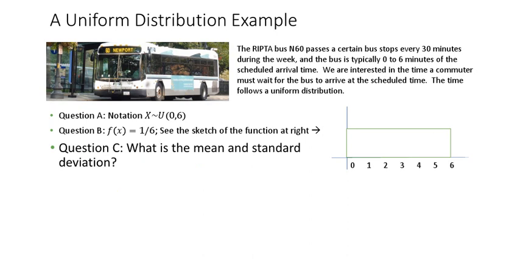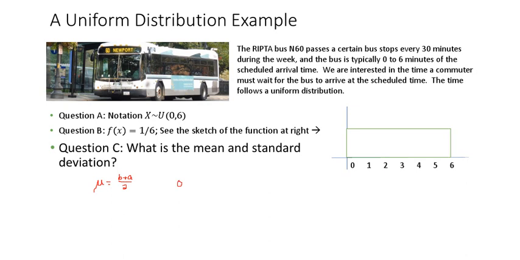Well, here's the next question then. If we have that, what would be our mean and standard deviation? Well, the mean and standard deviation are found using two formulas. Remember that the mean, mu, is equal to b plus a divided by 2. So we take the sum of the two endpoints and divide by 2.